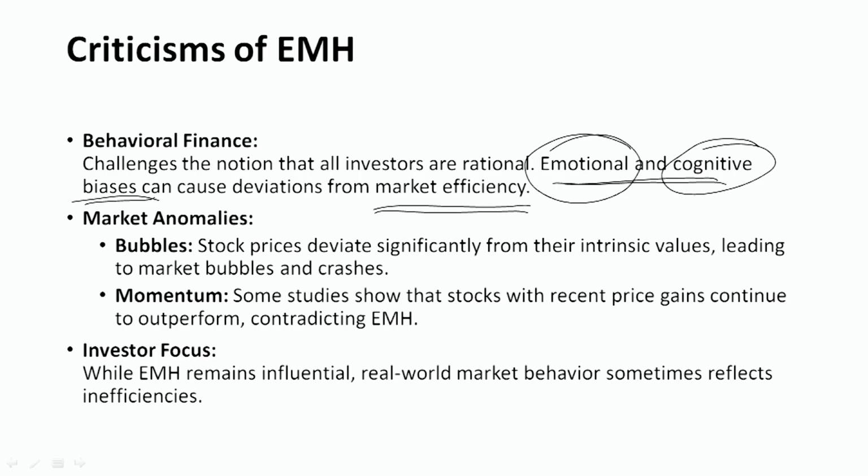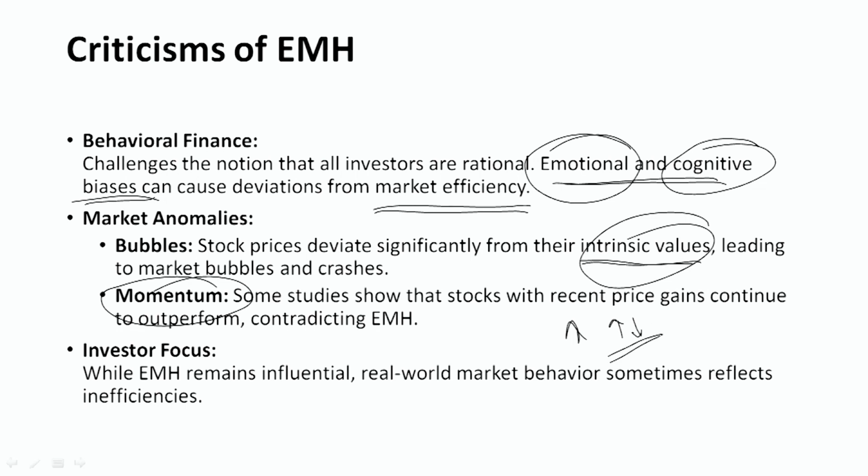There could be bubbles happening. Bubbles are extraordinary fluctuations in price either above or below the intrinsic value. I've already discussed what intrinsic value is in the earlier lectures, so you can understand. Momentum: if the index is moving up, the price also moves up, or it can be inversely proportional. So accordingly, the momentum would be maintained.